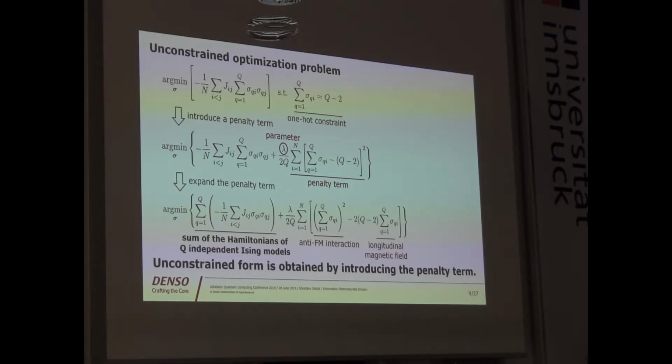Then, by expanding the penalty term, we obtain the optimization problem as shown below. The first term is the sum of the Hamiltonians of Q independent Ising models, and the penalty term consists of the fully connected antiferromagnetic interaction and the longitudinal magnetic field.